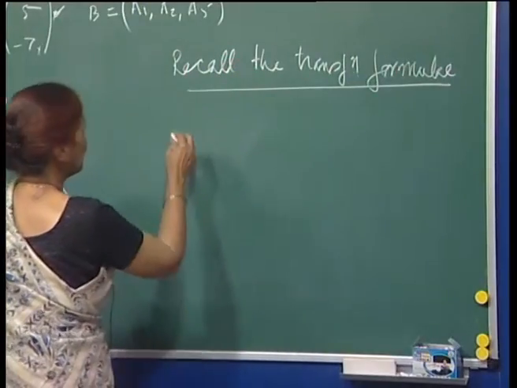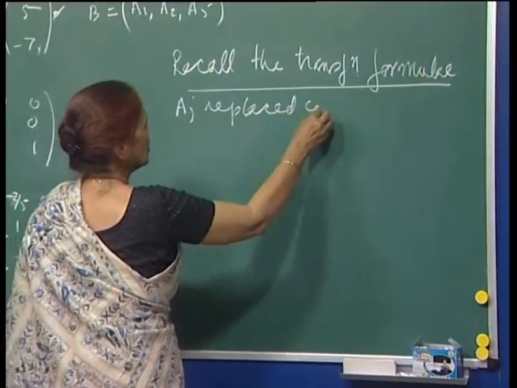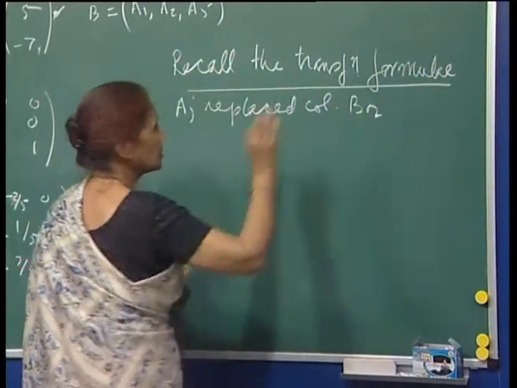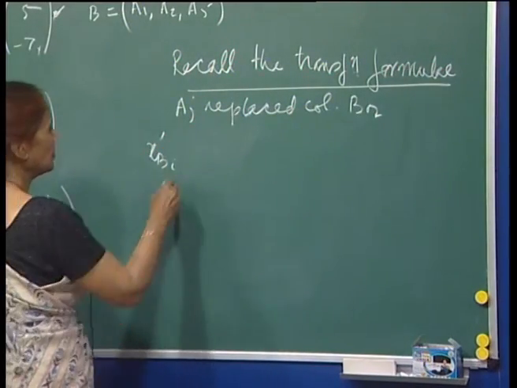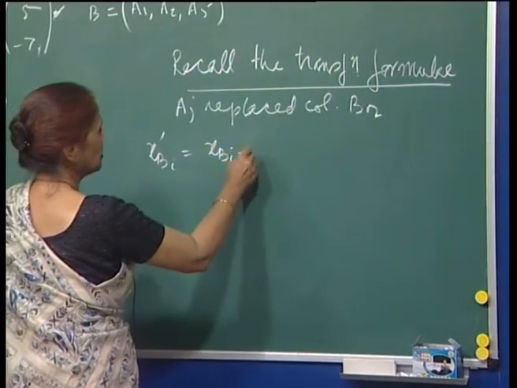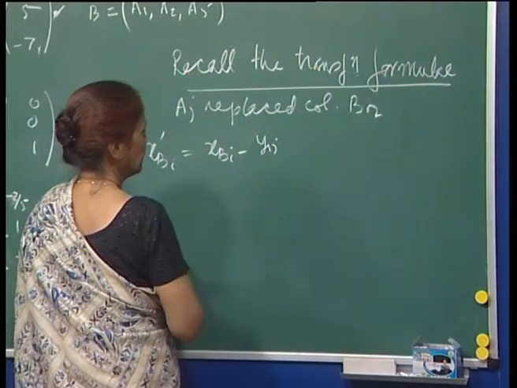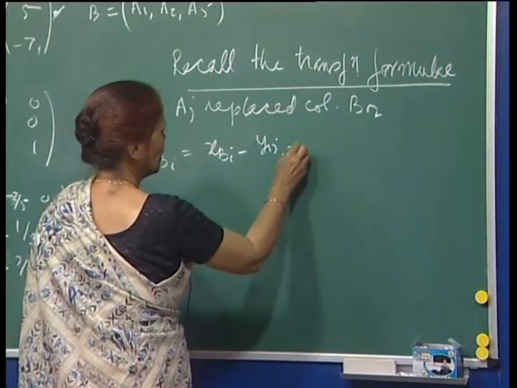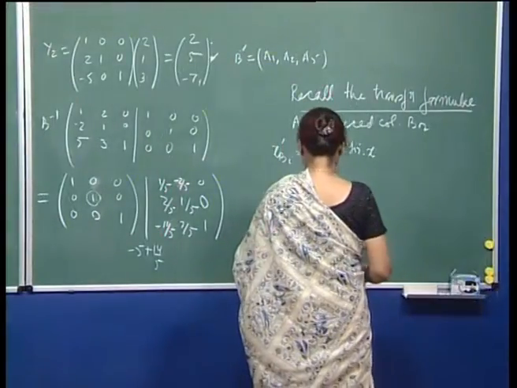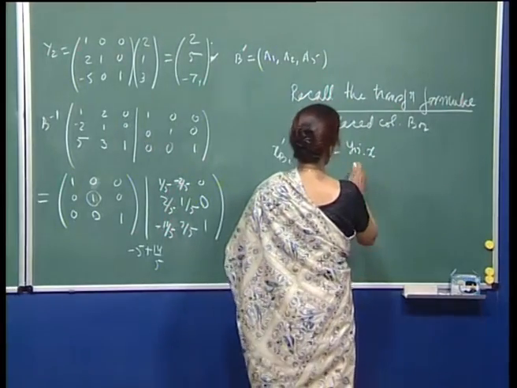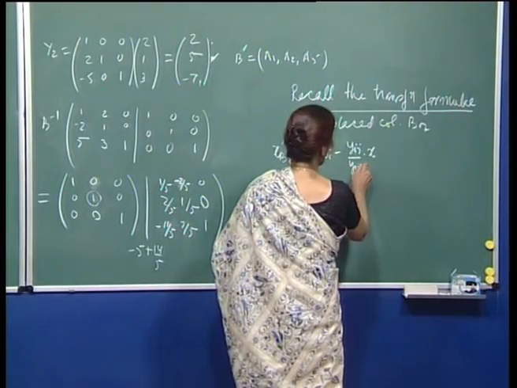That when A_j replaces column B_r, the notation is all clear, then our new x_Bi prime was given by x_Bi minus y_ij upon y_rj times x_Br. This will be the transformation formulae.